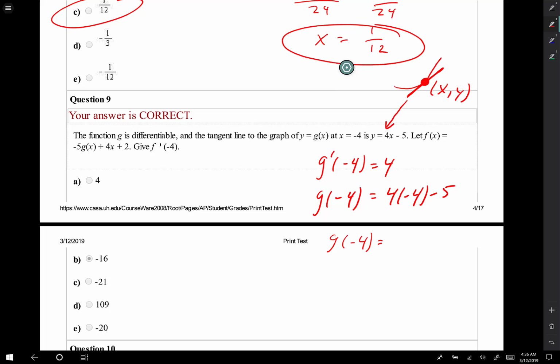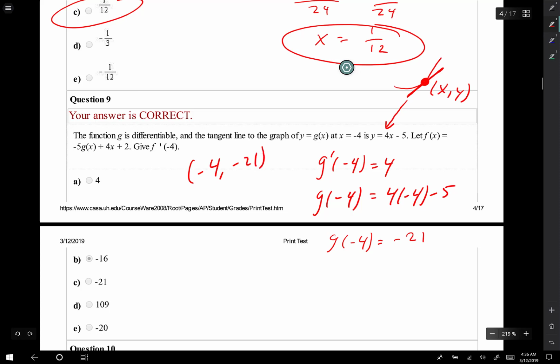Your tangent line and curve share that point. 4 times negative 4 is negative 16, negative 16 minus 5 is negative 21. So my point is negative 4, negative 21.